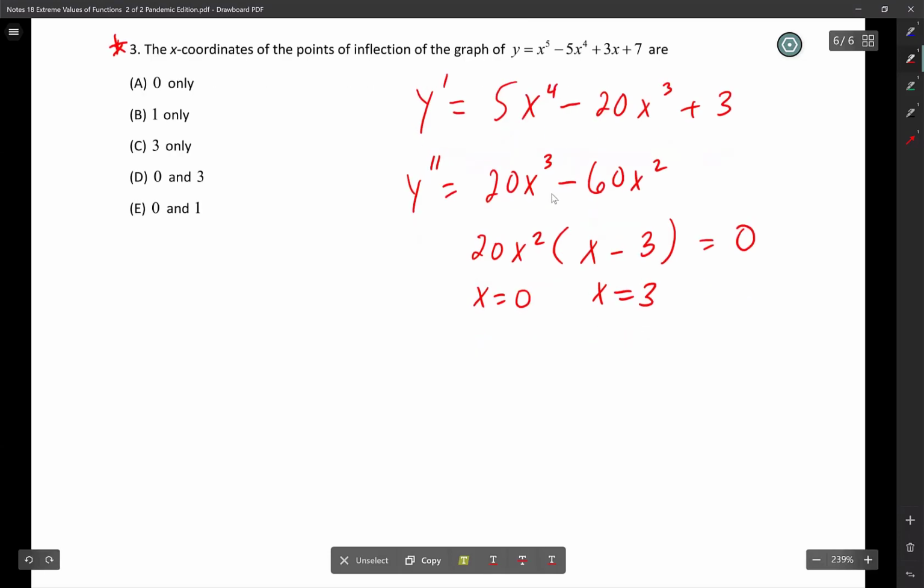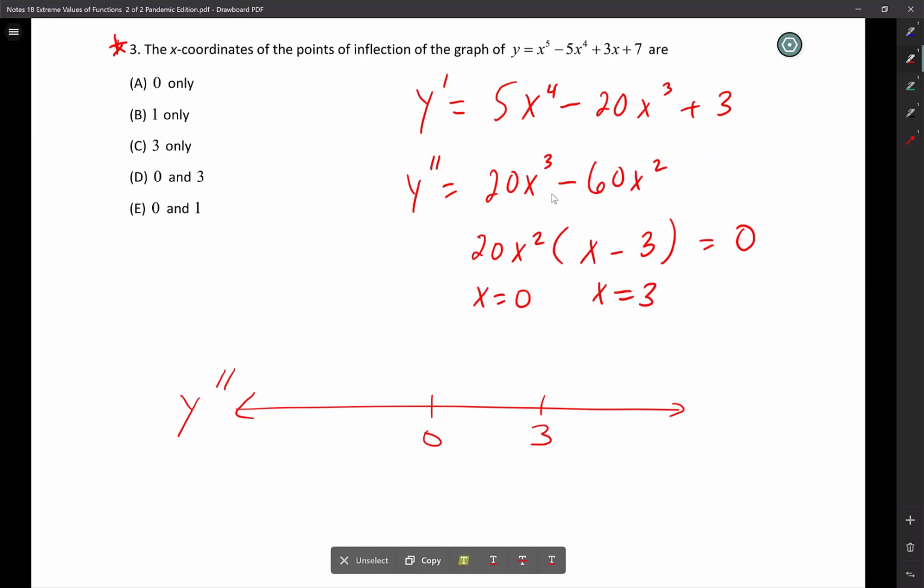So here we go. I draw a number line. I put 0. I put 3. I call this y double prime, or call it whatever, but make sure you label it. Second derivative or something. And then I'm going to insert test values back into this equation right here. Remember that 20x squared is always positive. So if I choose like a -5, what I circled is always positive. -5 minus 3 is negative.